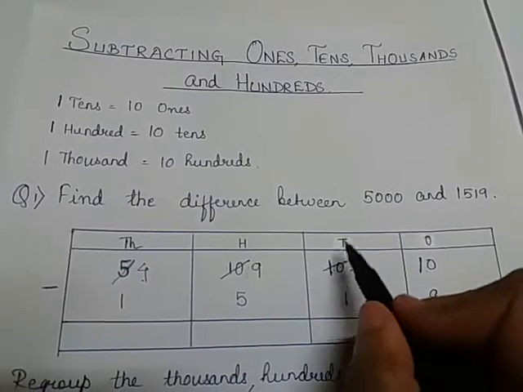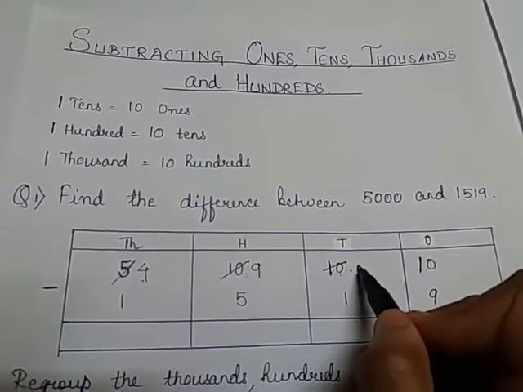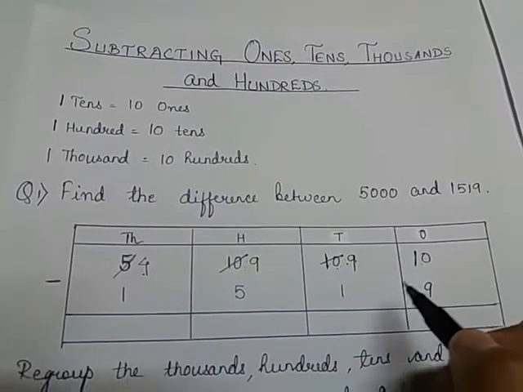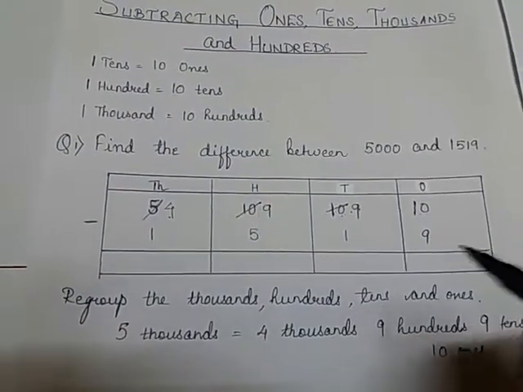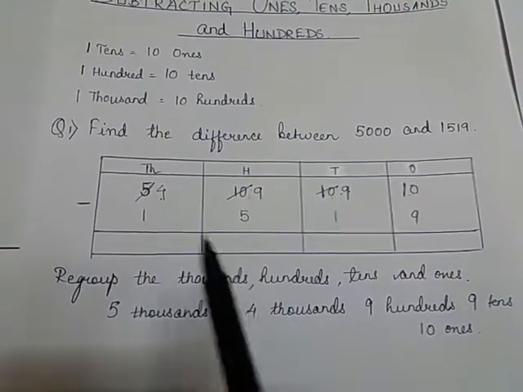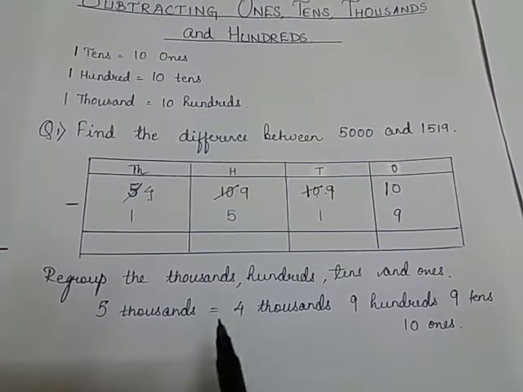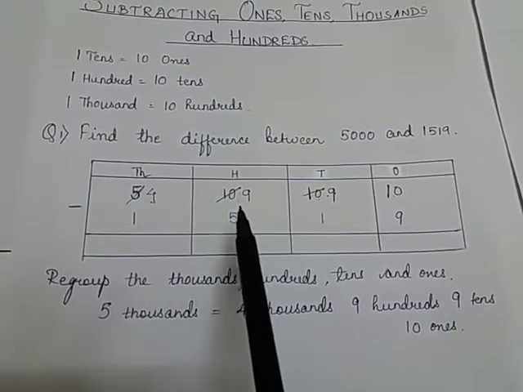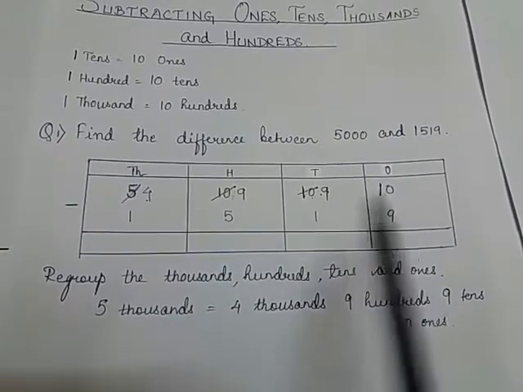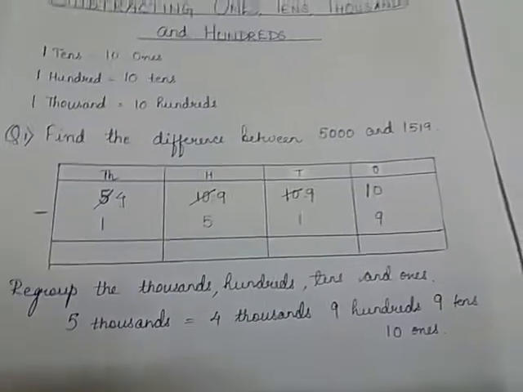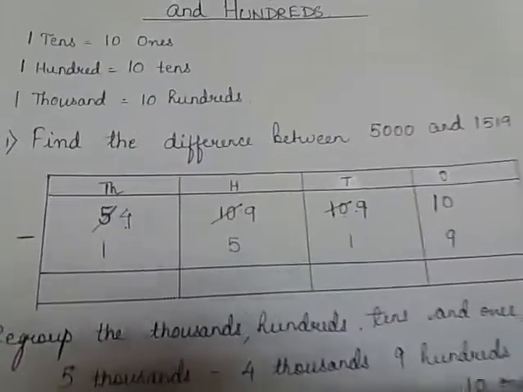When I take 1 from here, the number that I will be left with is 9. Now we will begin our subtraction. This is why we have written here that we will be regrouping 5000 into 4000, 900, 9 tens and 10 ones. And now we can easily solve our problem.